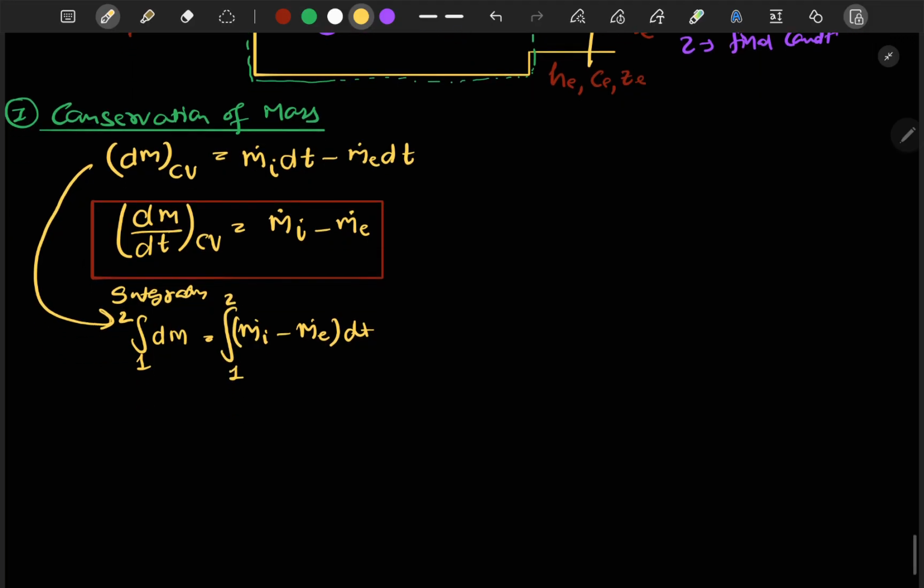If we integrate dm, we will get m2 minus m1.